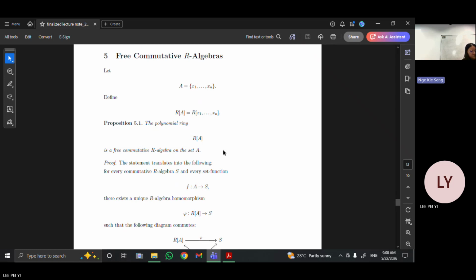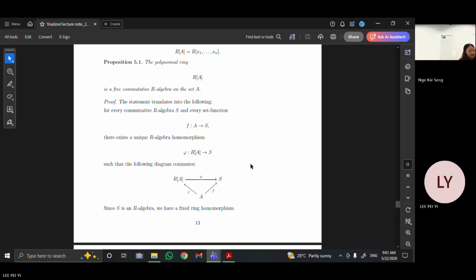The proposition: the polynomial ring R[A] is a free commutative R-algebra on the set A. And we have the proof.